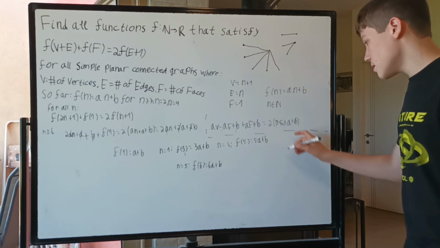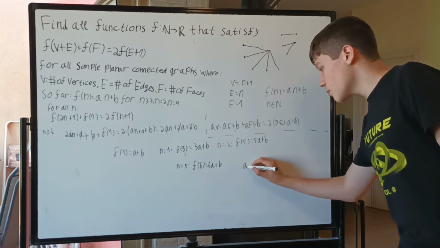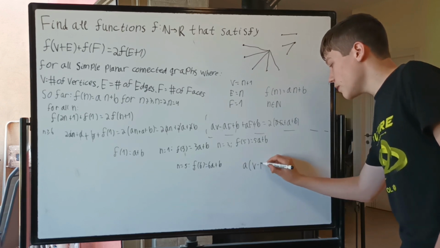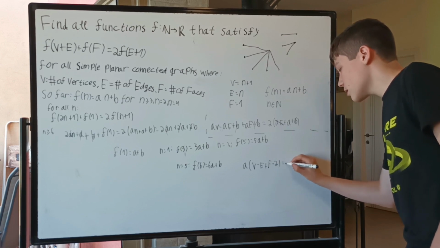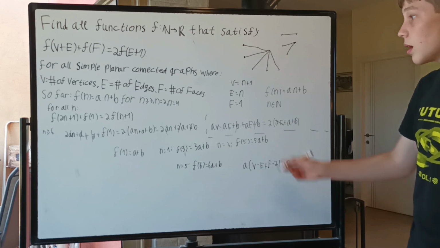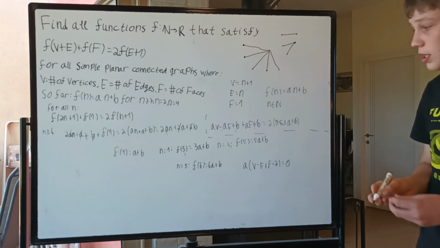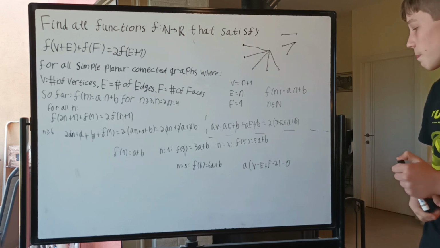And we get, if we move the 2a also to the other side, we'll end up with a times V minus E plus F minus 2 is equal to 0. And this is equivalent to the original equation, since we didn't divide by anything, we just moved things around.